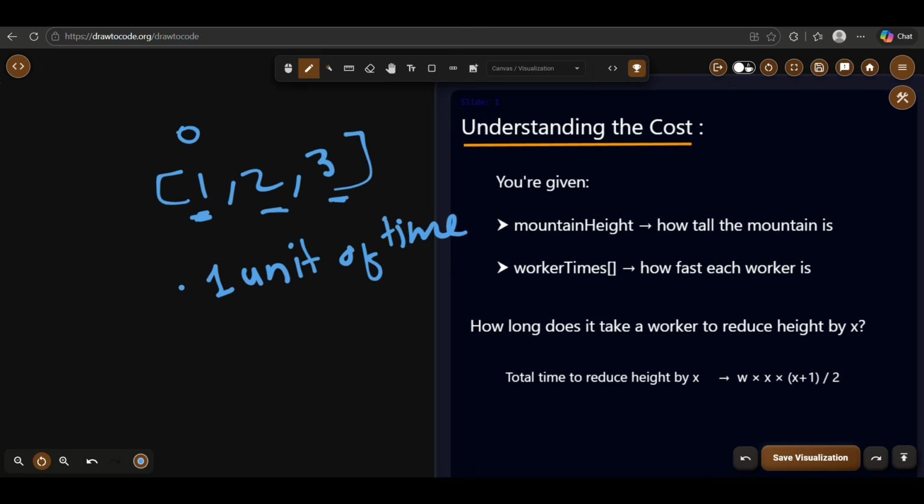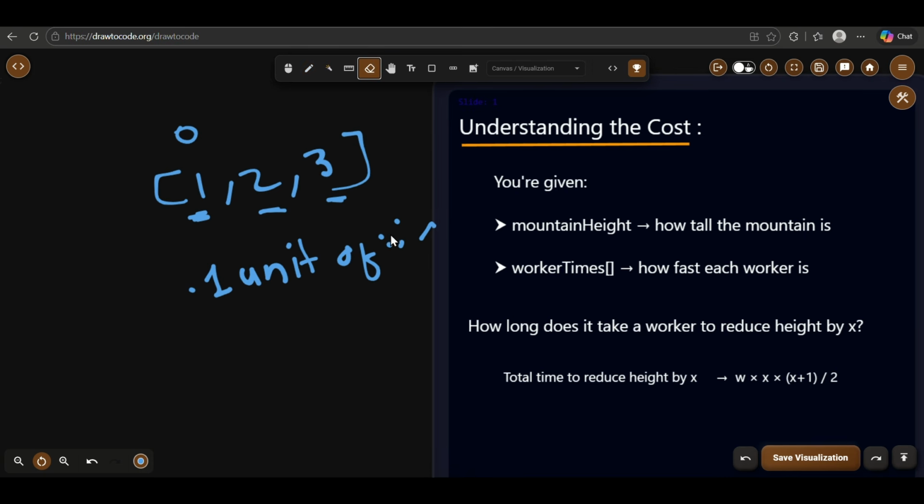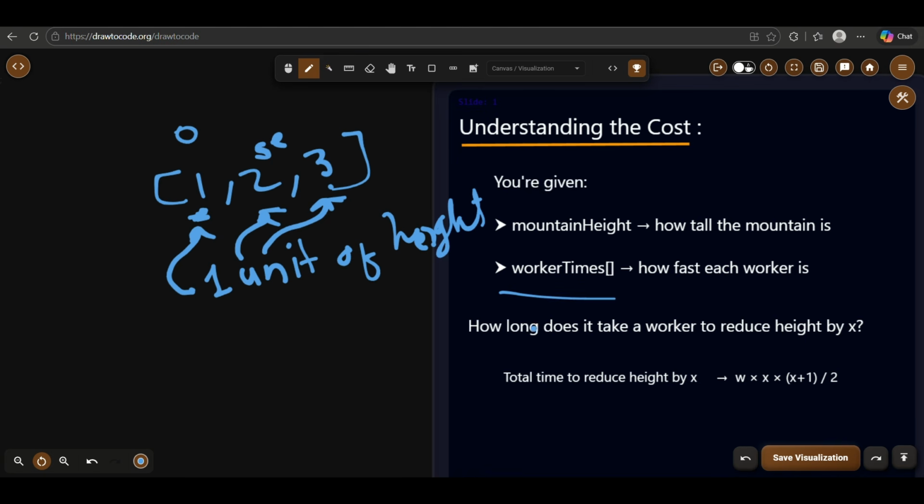In simple terms, to chop 1 unit of height, the worker takes 1 second. Similarly, for 1 unit of height, a worker takes 2 seconds, and another worker takes 3 seconds. So this is what worker time is.